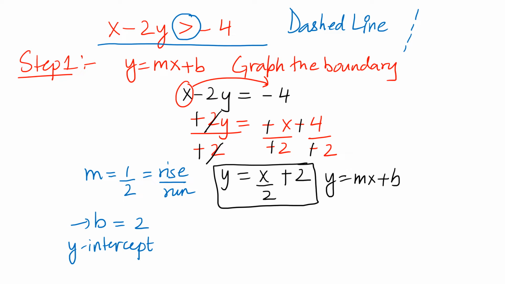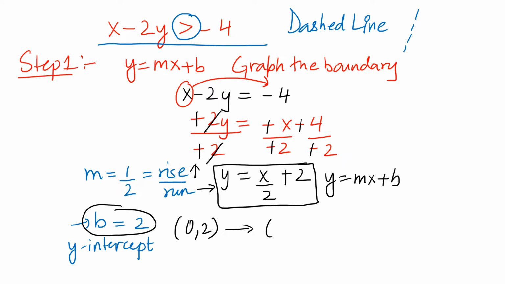So first we are going to go to the y-intercept, that is the point x equal to 0, y equal to 2, and from there we will rise by 1 unit and run by 2 units.